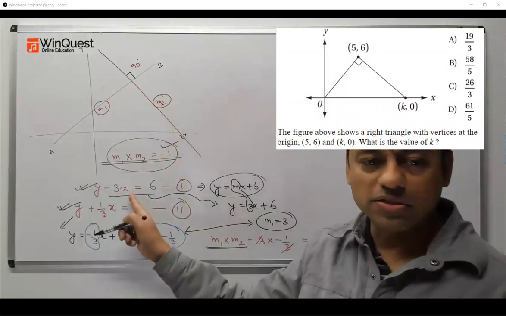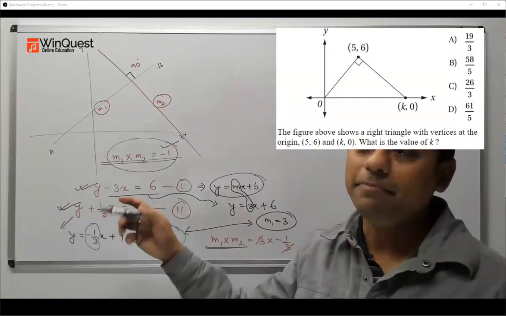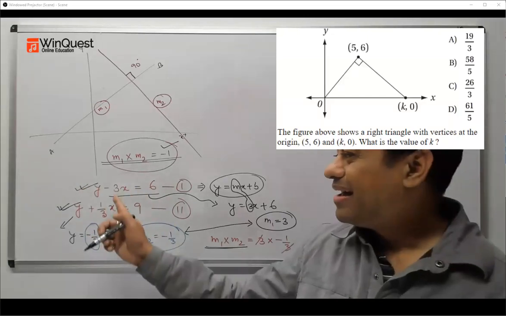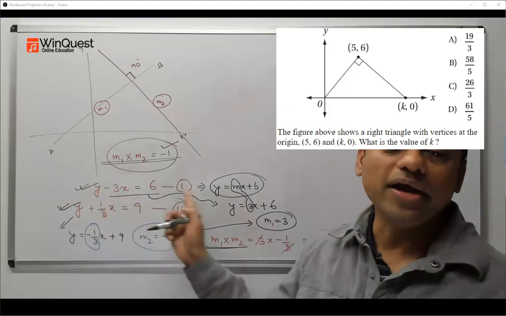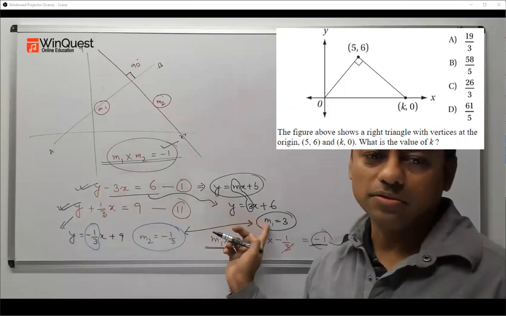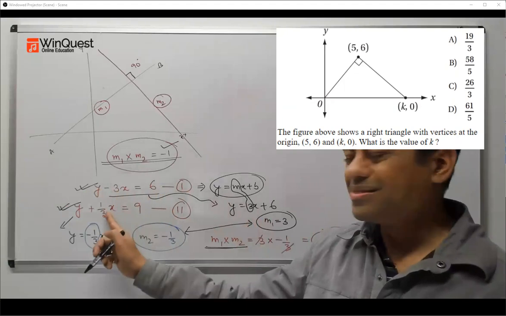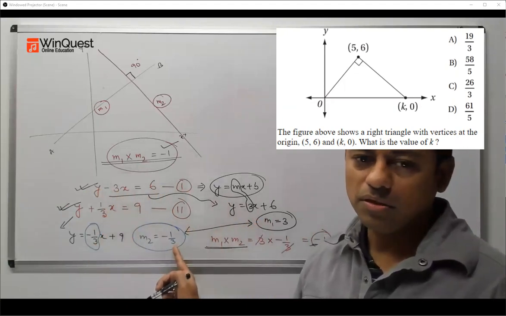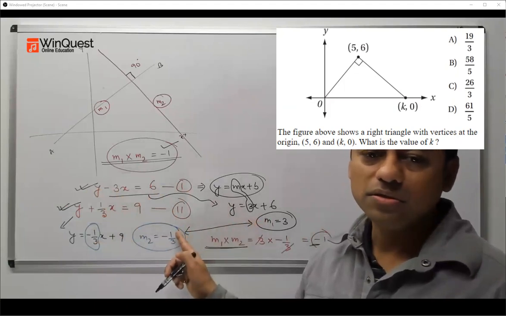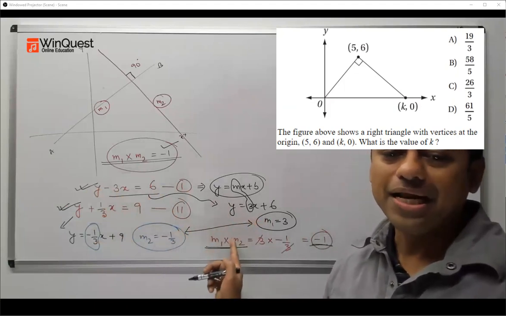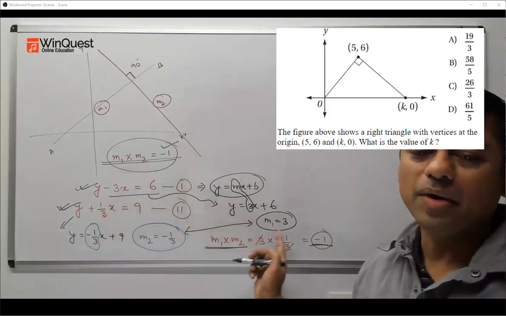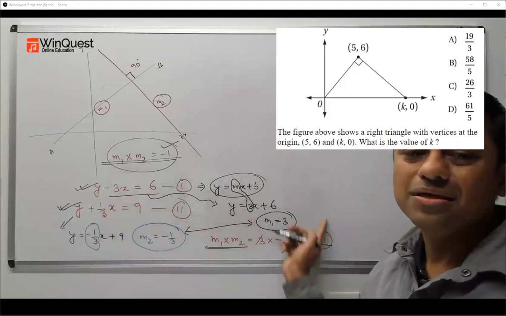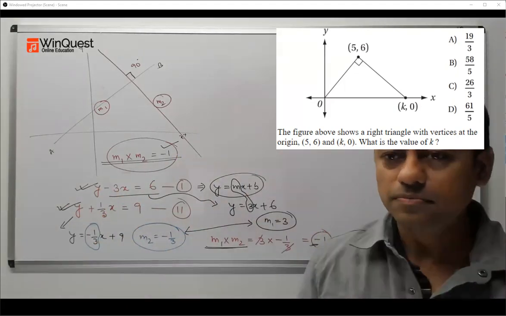I took an example of this straight line and this straight line, and I mentioned these are perpendicular lines. I took this and found the slope. The first slope is 3. I took this and found another slope value, m2, minus 1/3. I multiplied both of these, and that relationship landed on m1 multiplied by m2 equals minus 1, which is the perpendicular line relationship.